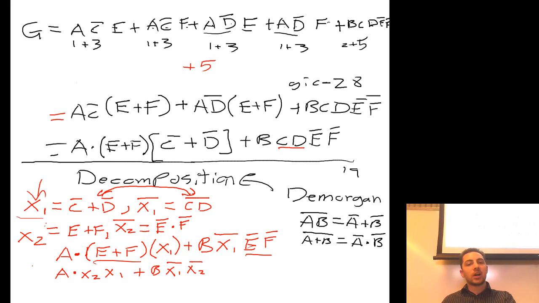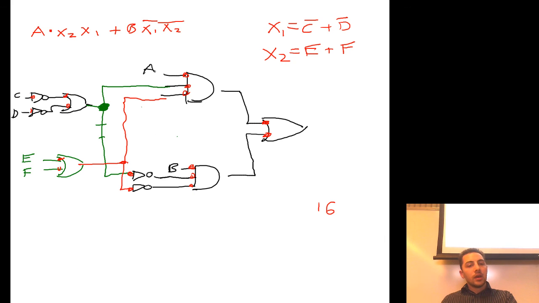So the gate input cost just for x1, look at it, 1, 2, 3, 4. If I had instead done this, it would have been 2. So the better way would have been to use this version.